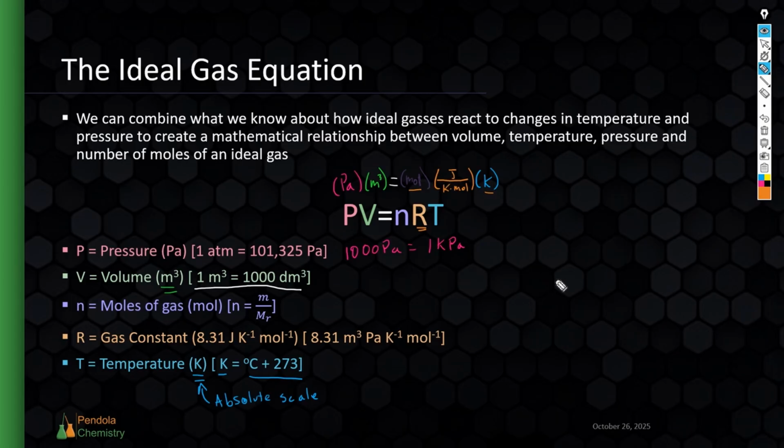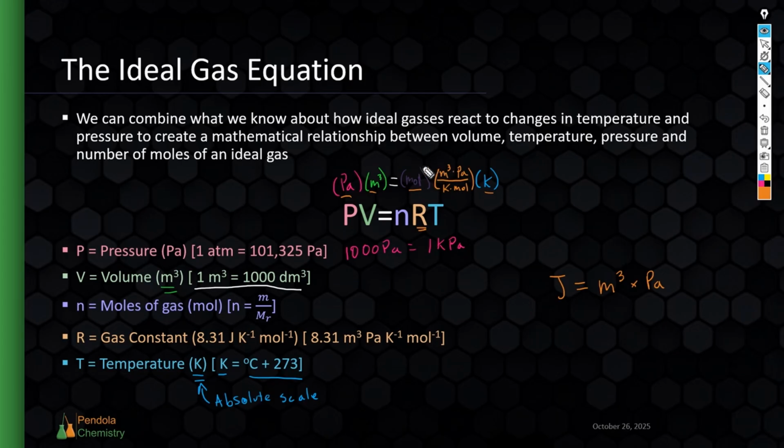Well, 1 joule is equal to a meter cubed times a Pascal. So we can replace that joule with meters cubed times Pascals. And now that makes more sense, because you can see how Kelvins will cancel, moles will cancel, meters cubed cancel here, and Pascal cancels here.